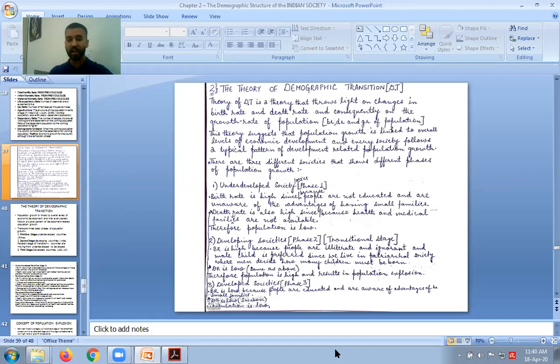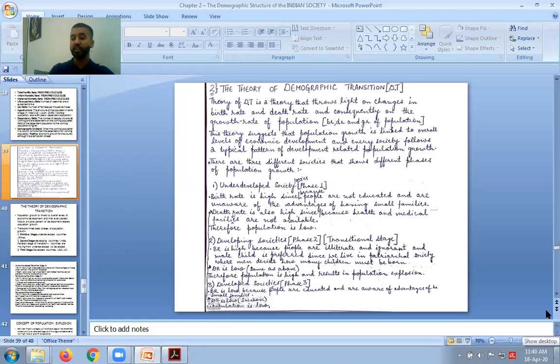Because at the right time, they are not going to get the health and medical facilities. So I'm sure you have understood why death rate is high in these societies and why birth rate is high in these societies. Look, the reasons for birth rate and death rate are always going to be linked with education and with good health and medical facilities. So this is how we're going to understand this theory.